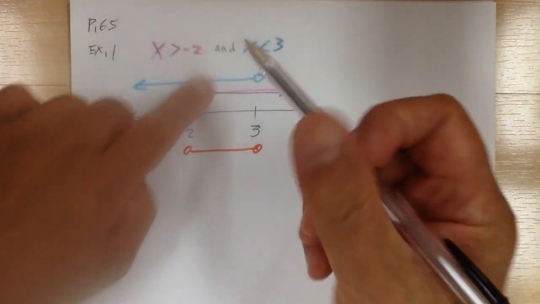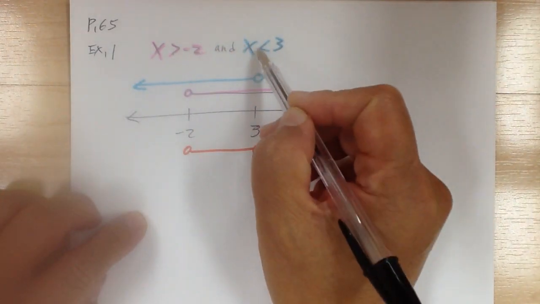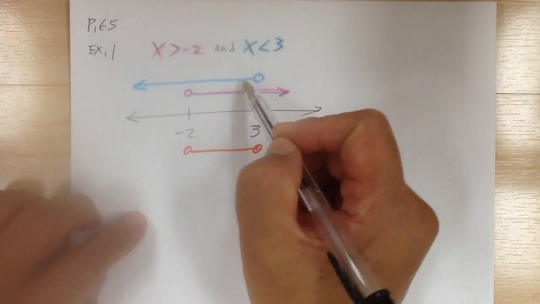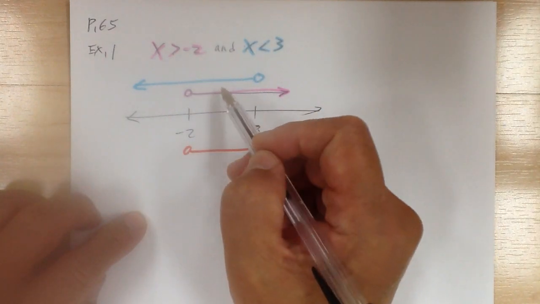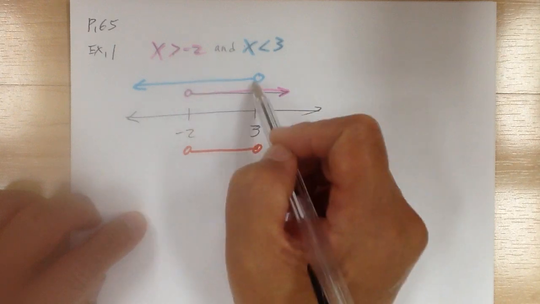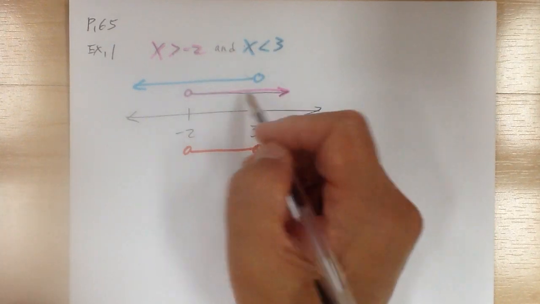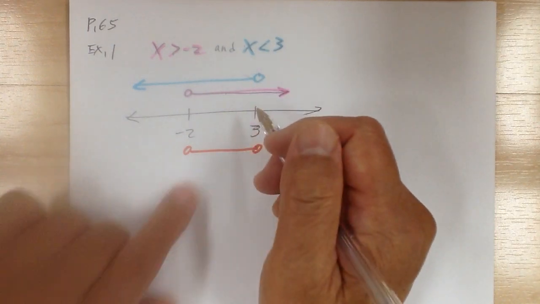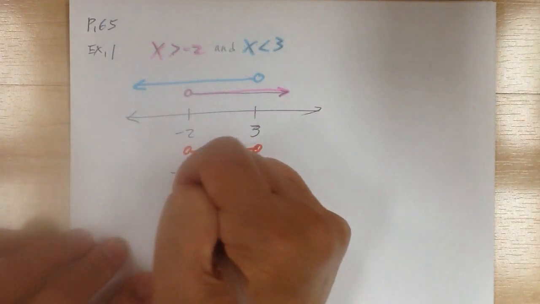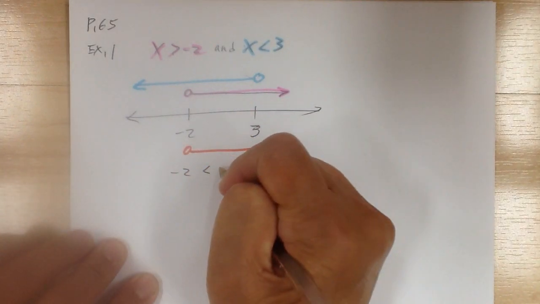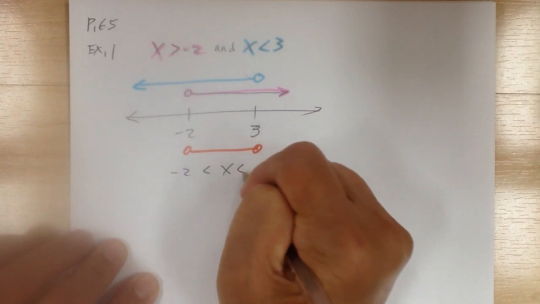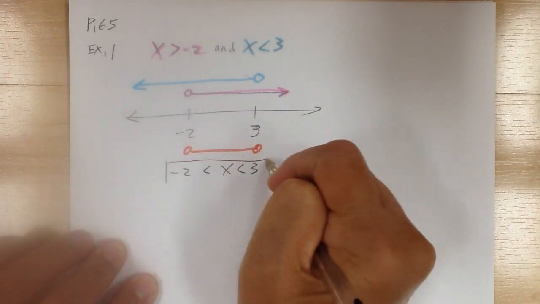Again, and means you have to be in the pink, and also be in the blue. So the only part that is in the pink and the blue is this part right over here. Again, and means you have to be in both. And then from here, your answer would be -2 is less than x is less than 3.